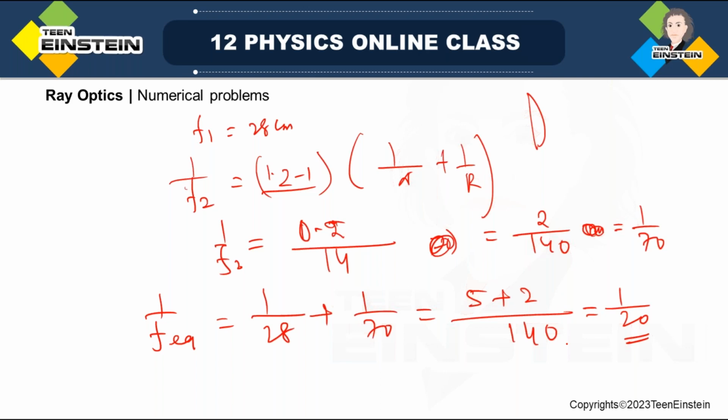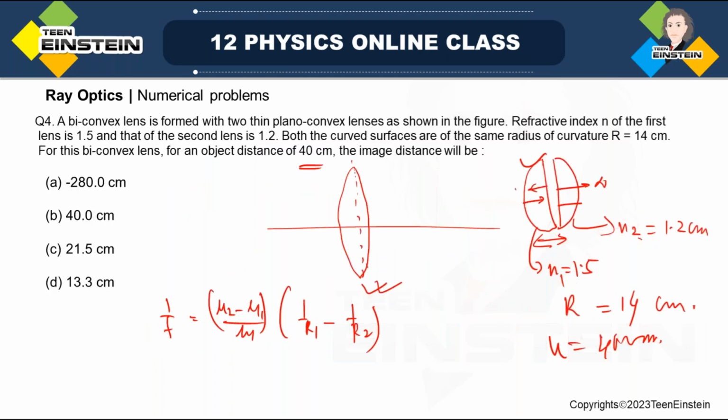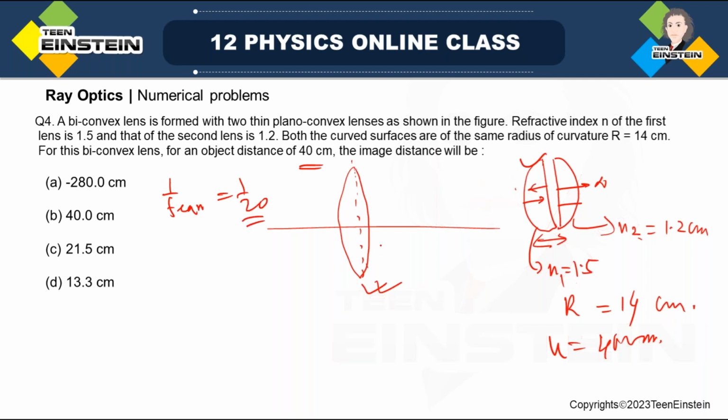Once you get this, it is easier to find out the final image distance, where the object distance is already given. We have already found the equivalent focal length of this particular lens. So 1 over equivalent is 1 over 20.